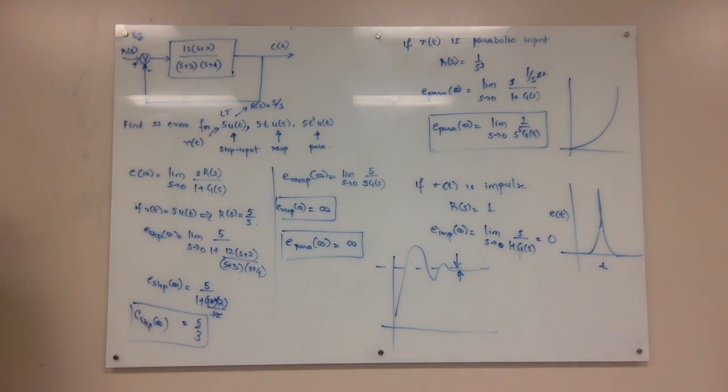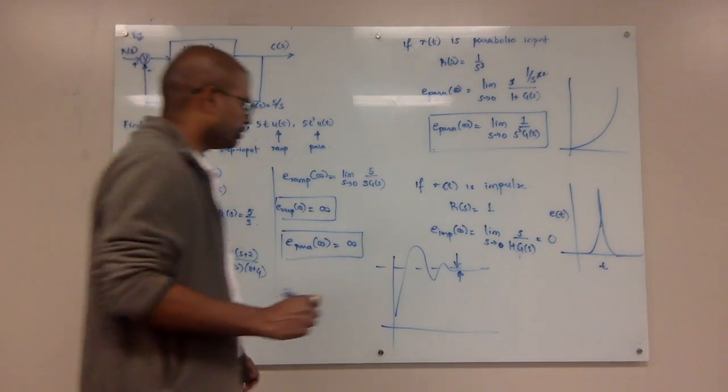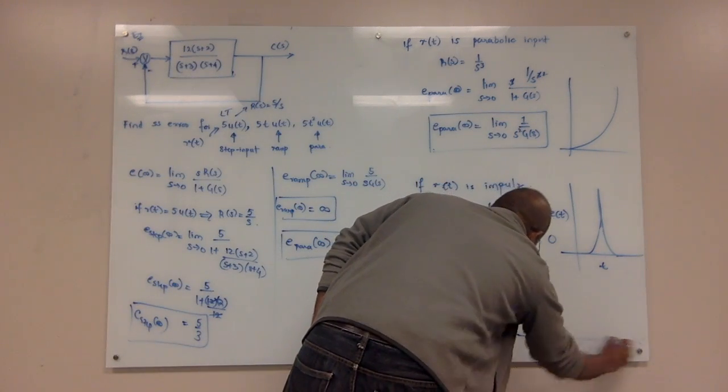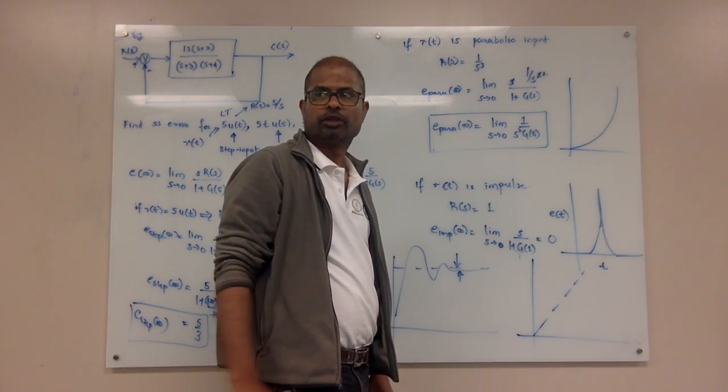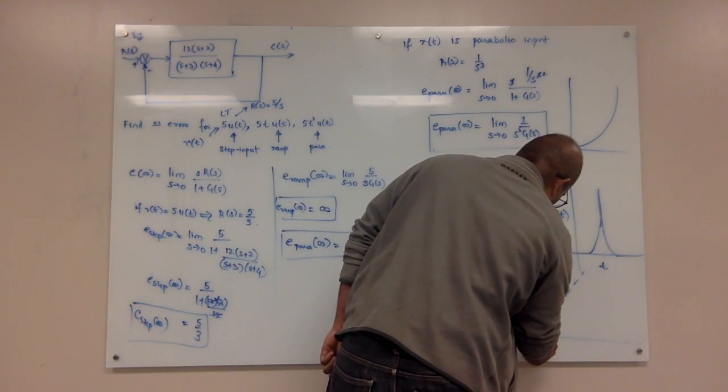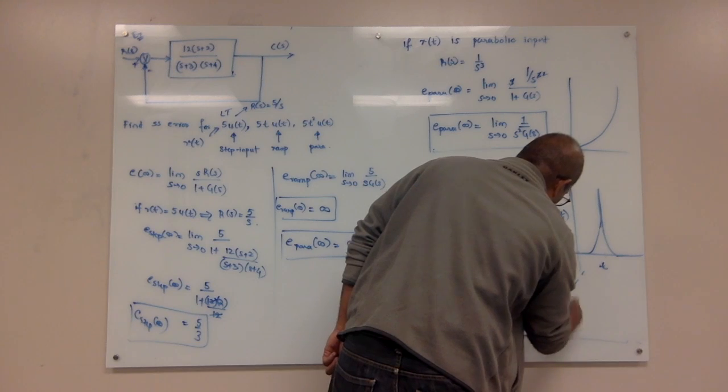That is a step input. The dotted line is the input. Here in your ramp response, your dotted line will be like this, and the response will try to follow it.